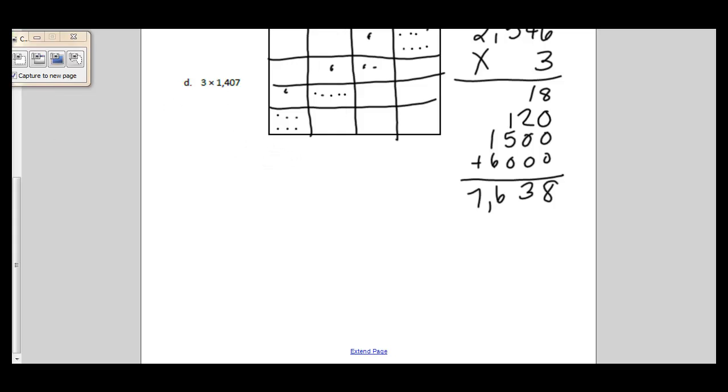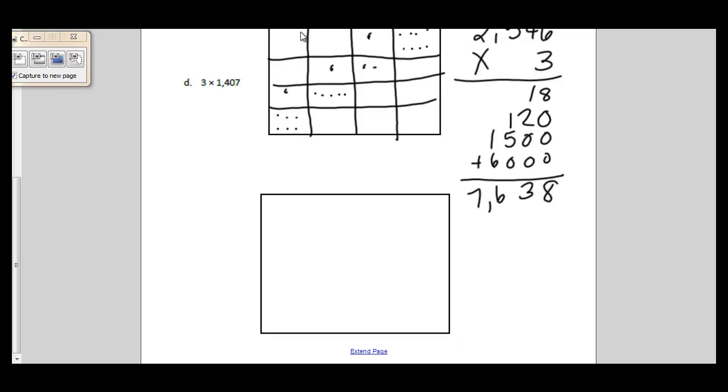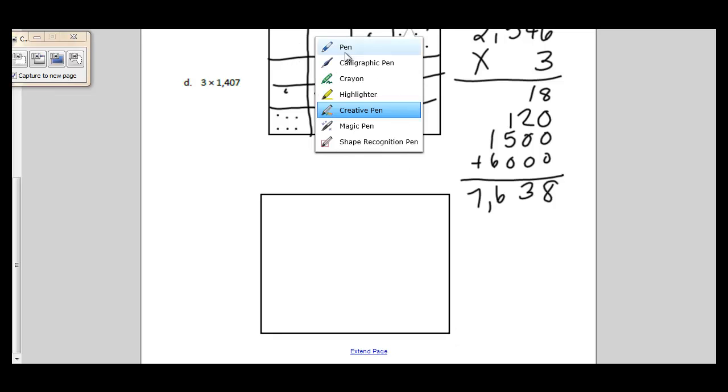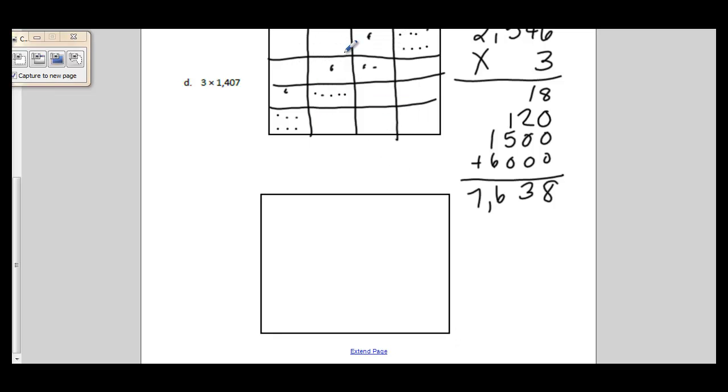You try to do this one by yourself, and if you get stuck, you can always come back and listen. If you don't feel comfortable doing it by yourself, you can do it with me, but I want you to try to at least do part of it by yourself. All right, so here we go. 4 columns. Hopefully it looks neater than mine.